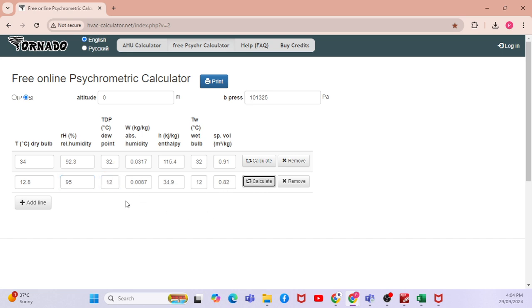Assume it is close to the dew point condition, right? That is the off coil condition. So when you go to this particular psychrometric chart, you can get the properties of the air at point 1 and point 2.